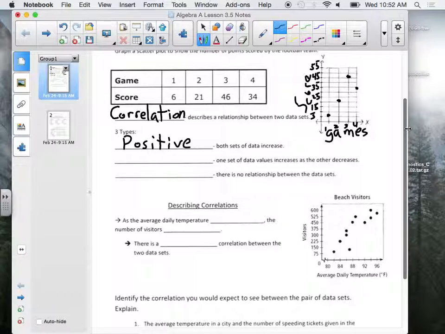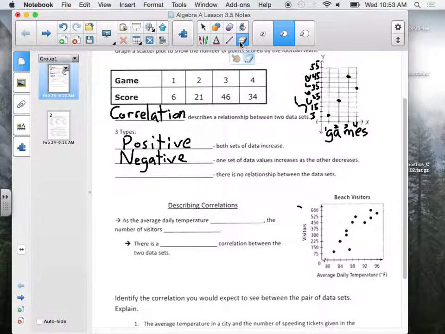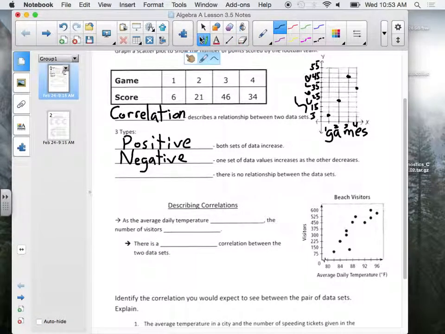The other one is when one set of data values increases as the other decreases. That's called negative correlation. And the last one, when there is no relationship between the data sets, is called no correlation.